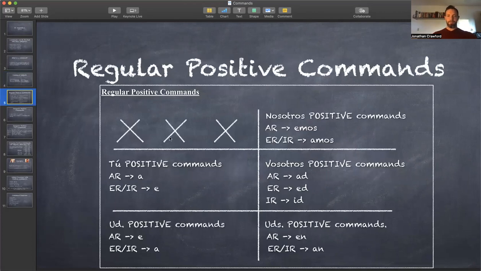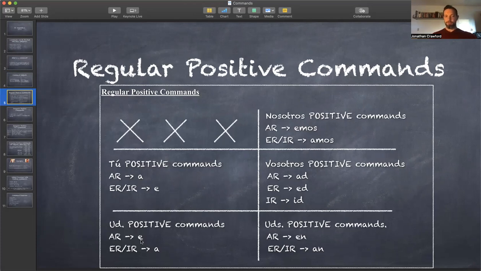All right, so this is how we conjugate all of the different commands in Spanish. If it's the tú form and the verb is an AR verb, then the ending turns into an A. If it's an ER or an IR verb, it turns into an E. In the usted form, it does just the opposite.